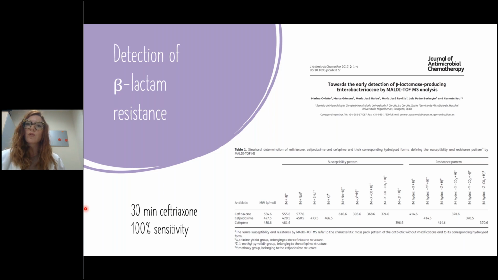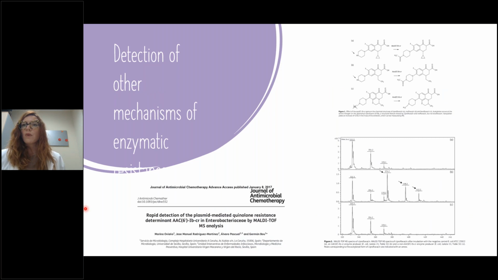It gave very good results, 100% of sensitivity, and it was hydrolyzed very rapidly in just 30 minutes. So after 30 minutes of incubation, you can measure and detect if the bacteria carries a beta-lactamase or not.